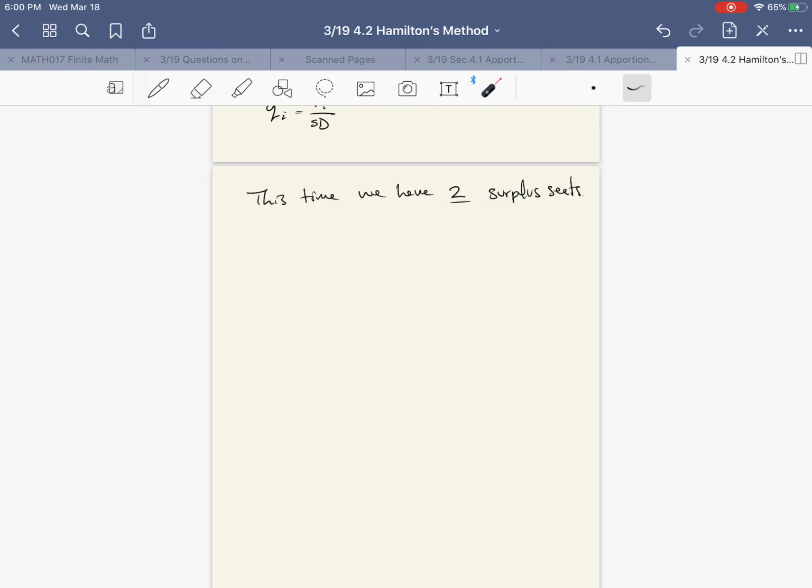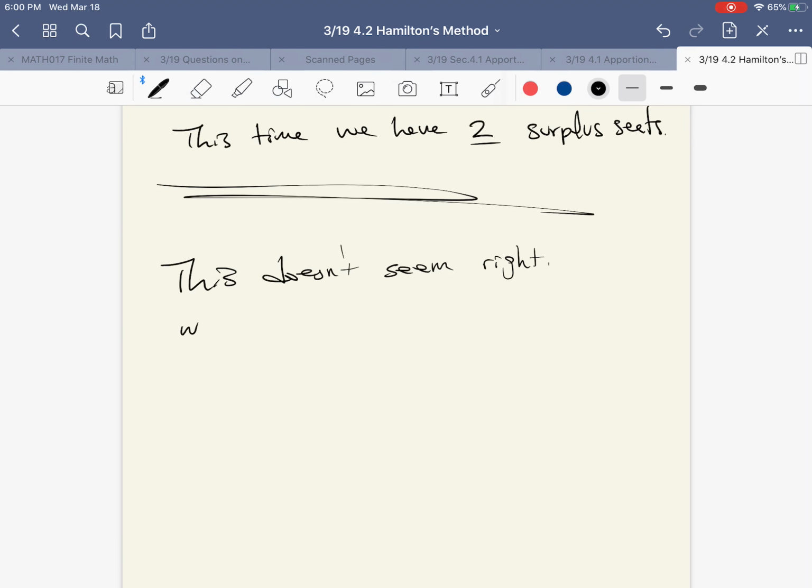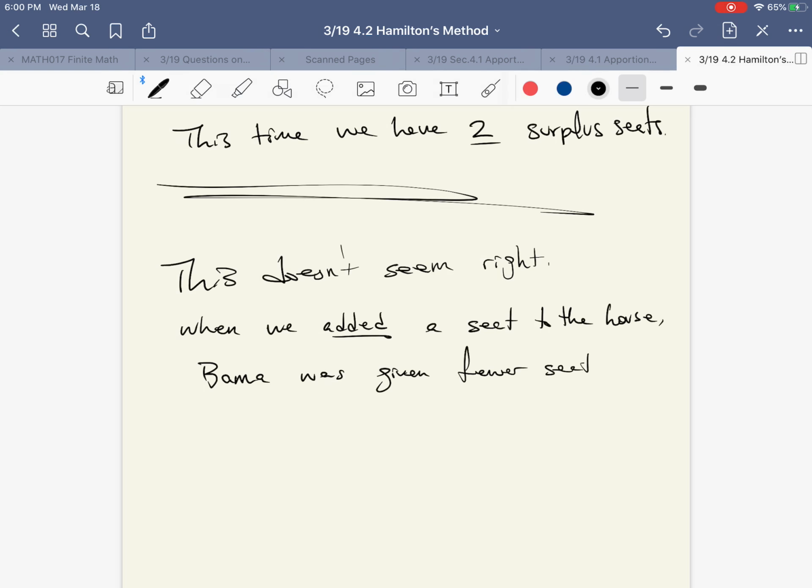Okay. So this doesn't seem right. When we added a seat to the House, Bama was given fewer seats.